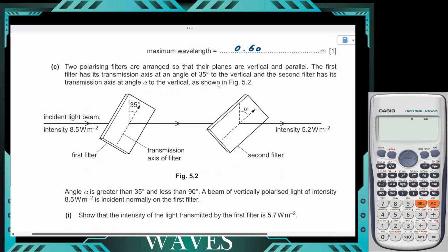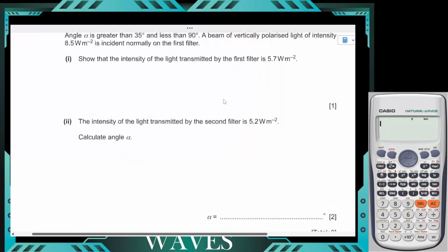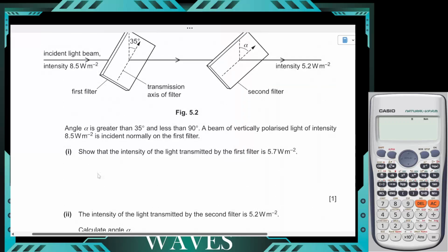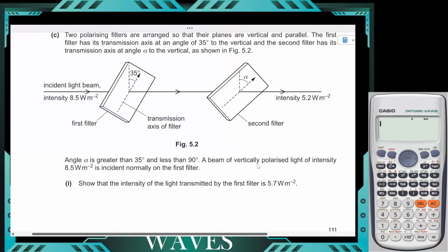Over to the next one. Connected to this topic is a question of polarization, and apparently it doesn't seem to be a tricky one, rather an easy one. For example, the first part: show that the intensity of the light transmitted by the first filter is 5.7 watts per meter squared. Okay, seems very easy. So let's call this one I, and the previous one I naught. This is the angle.